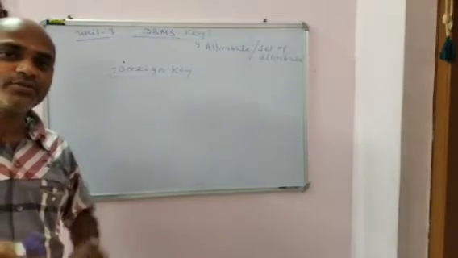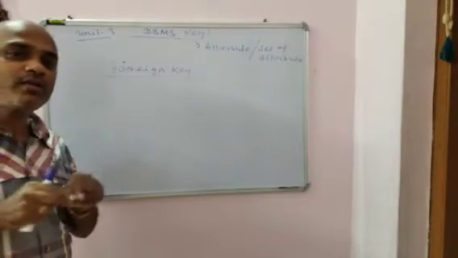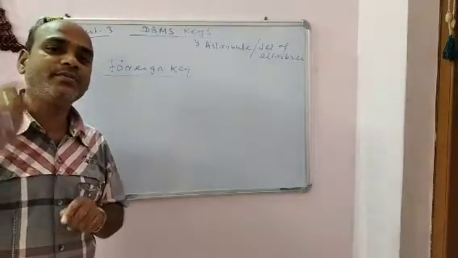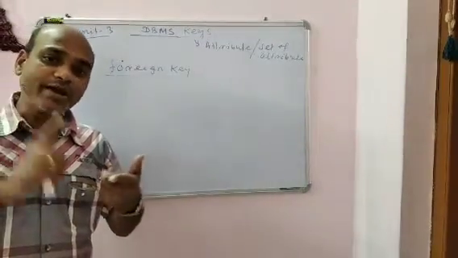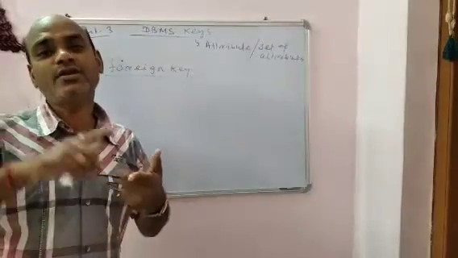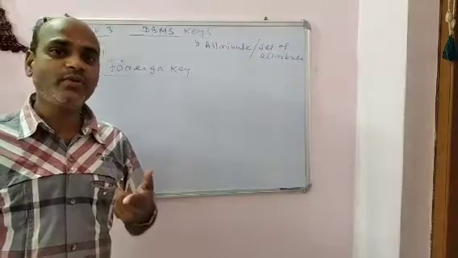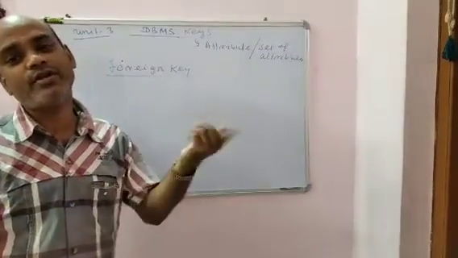Can you get my point? Suppose there are two tables. In table 1, suppose person ID in the person table, person ID is the primary key. If person ID is again a key in another table, then for that table person ID becomes the foreign key.